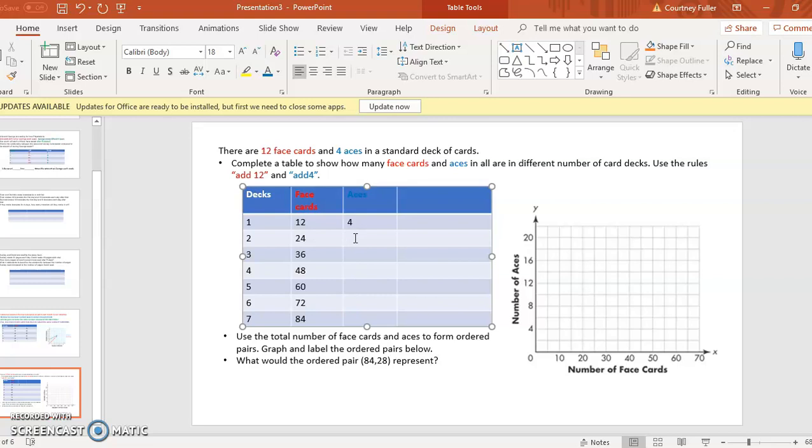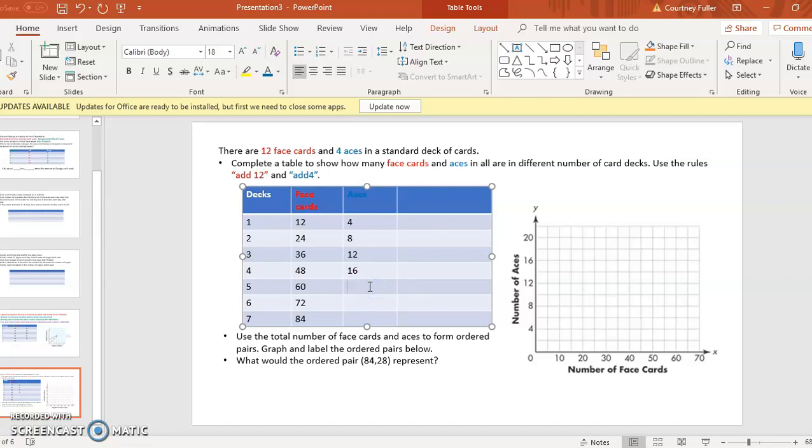So 4 plus 4 is 8. Then in the third deck, we are going to add 4 more aces. So 8 plus 4 is 12. In the fourth deck, we're going to follow that same rule, add 4. 12 plus 4 is 16.